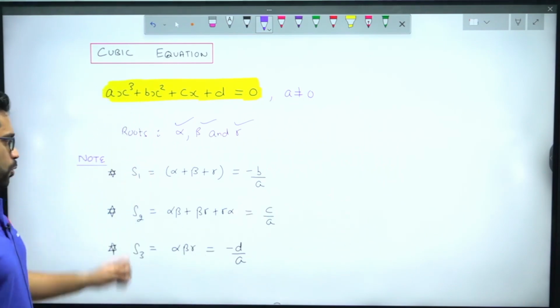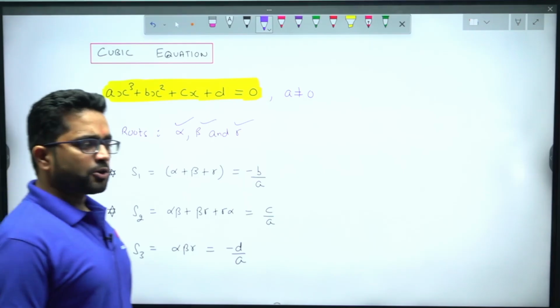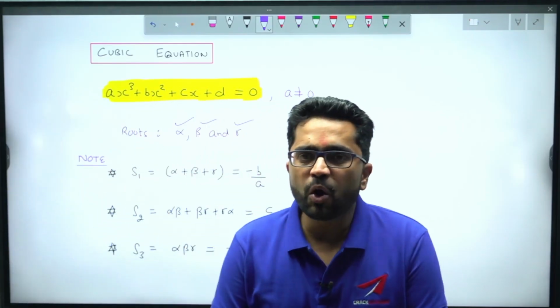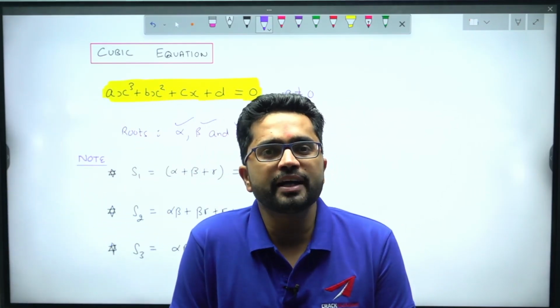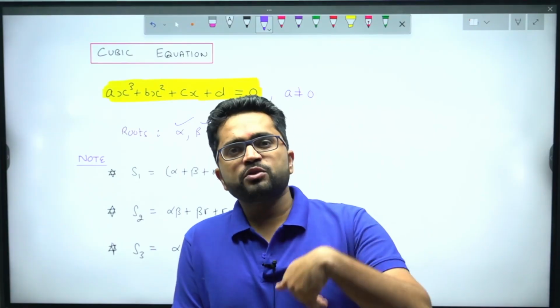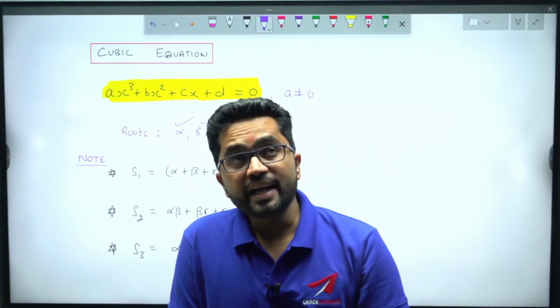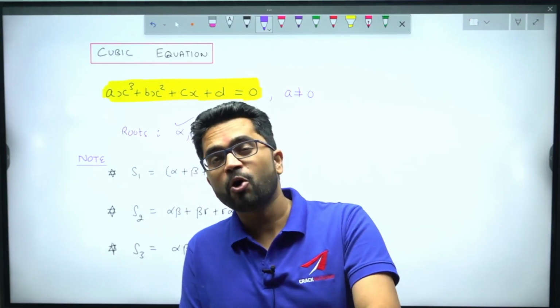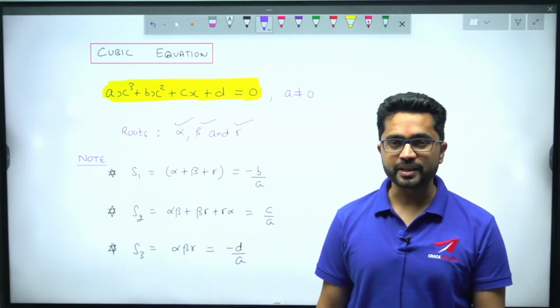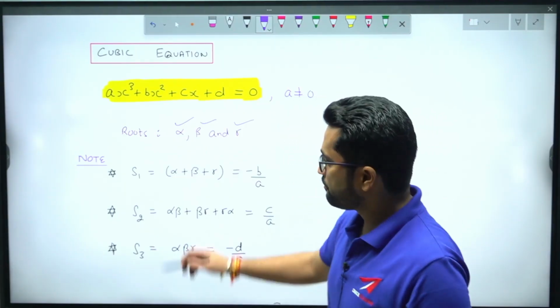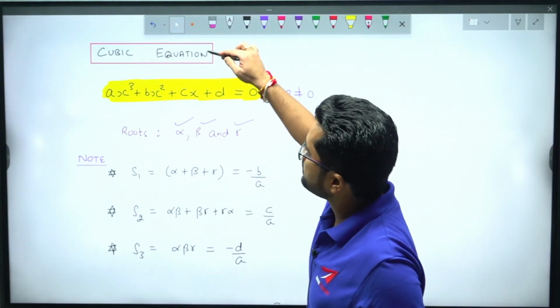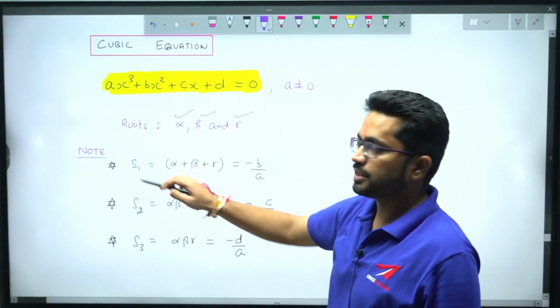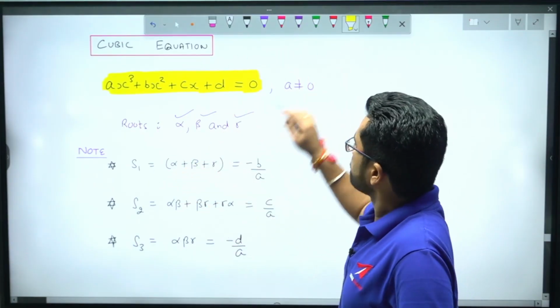So now the first point. Just like in your quadratic equation we had the sum of roots as minus b by a, product of roots as c by a, and absolute difference of roots as root d by mod a, in case of cubic we have 3 results. The first one is labeled as S1.